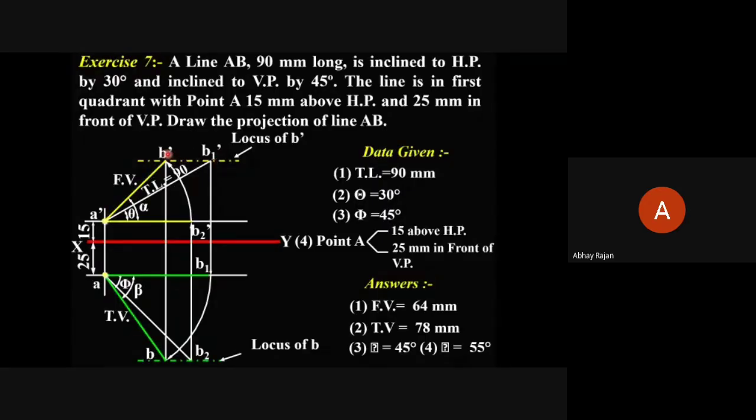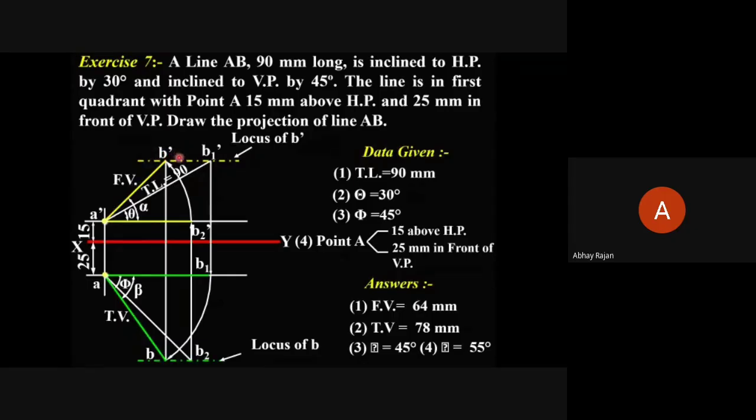So with this knowledge and with the reduced length, we will be able to pinpoint this B dash point. Only at the intersection of these two lines will we get the B dash point. The line drawn to help with that is what is called the locus line. So locus line just means that somewhere on this line this B dash point is going to come.